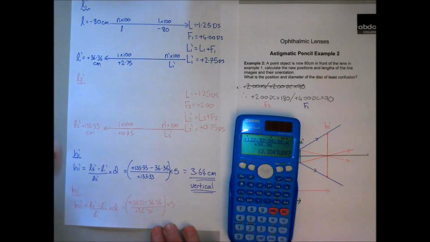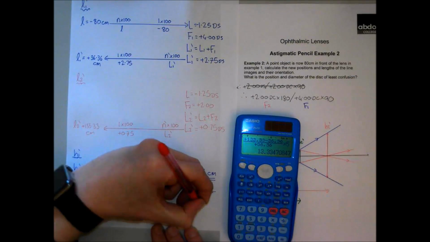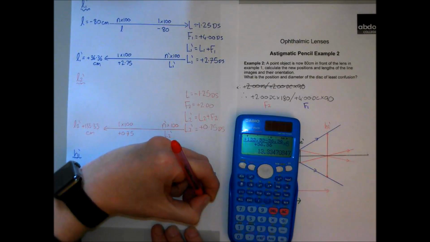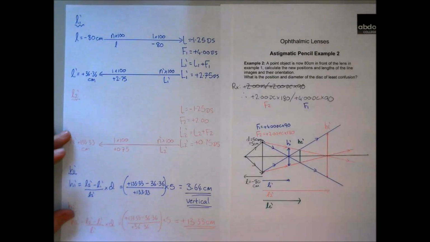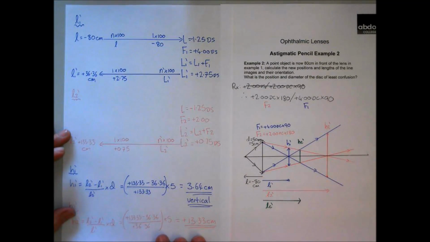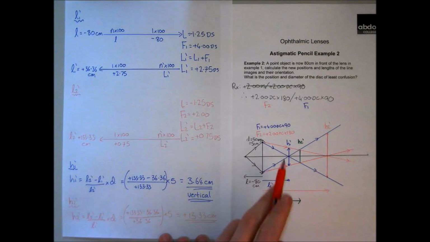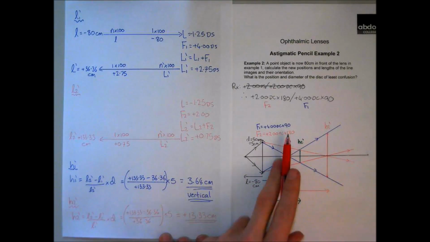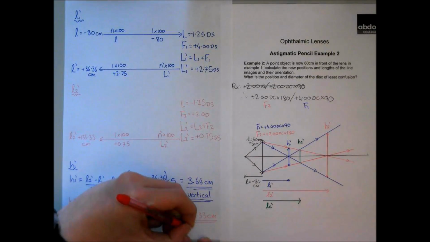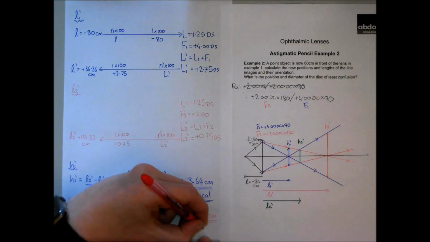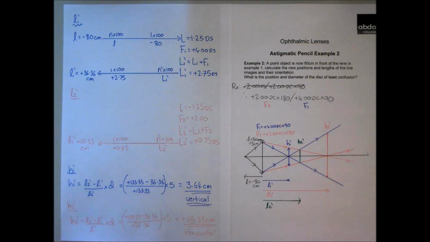So we've got plus 13.33 centimetres here. That's what our maths comes out as. And remember, we have an axis of 180, an axis that's horizontal, which means that our line image is going to be horizontal.